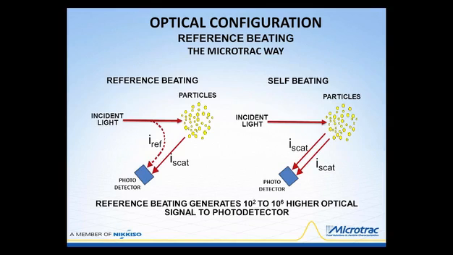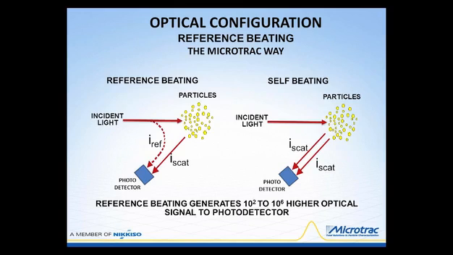The other configuration does not use a reference beam, but it depends upon the fact that the scattered light can mix with itself and give us a beat signal. We have been using reference beating.